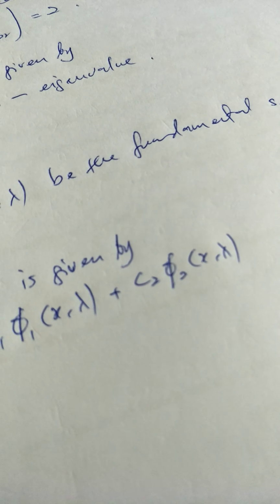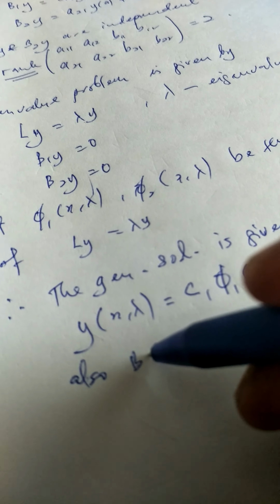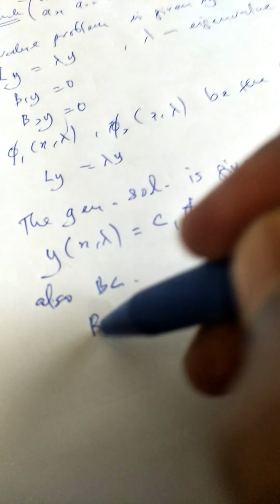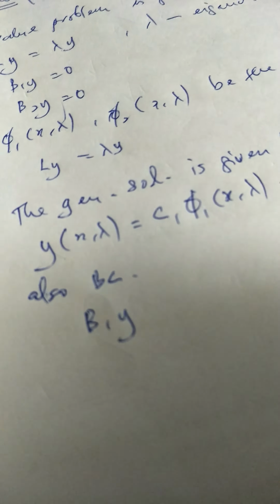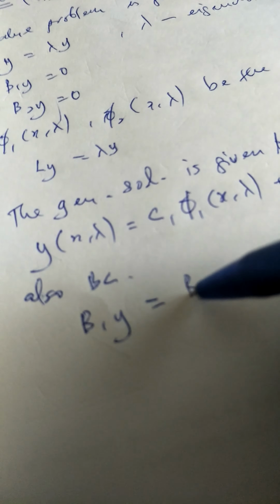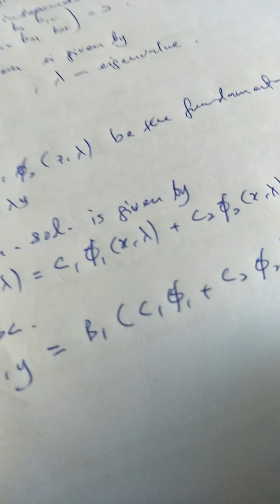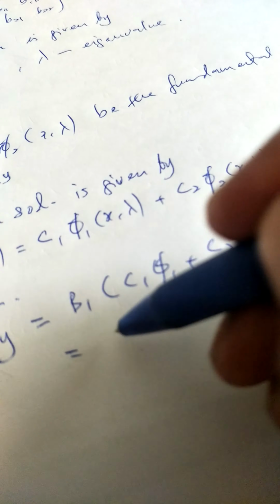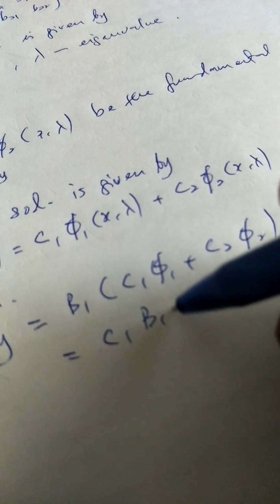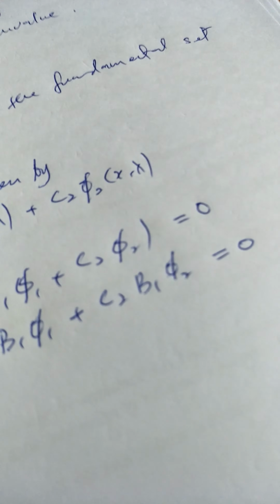Also we have the boundary conditions. If you substitute this y into B1 y, we have B1 of c1 phi 1 plus c2 phi 2, which I can write as c1 B1 phi 1 plus c2 B1 phi 2, equal to 0.